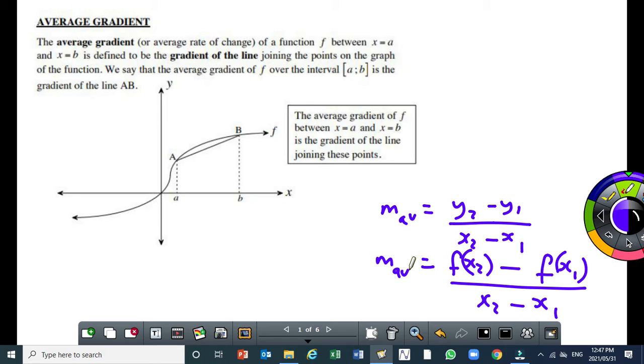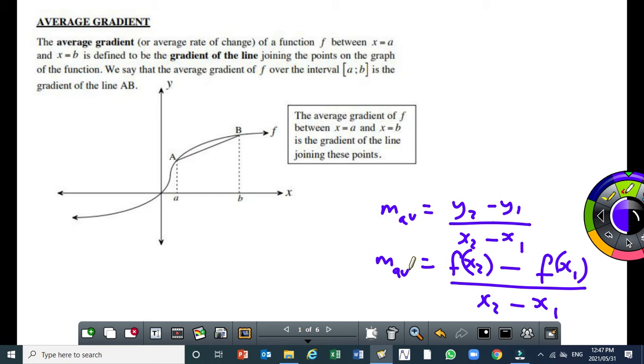All right? So when we bring that now into calculus, you need to know that the average gradient of a curve or of a function between any 2 points can be determined by drawing a straight line between those 2 points. And then we will estimate the gradient of the curve or of the function using the straight line joining the 2 points.